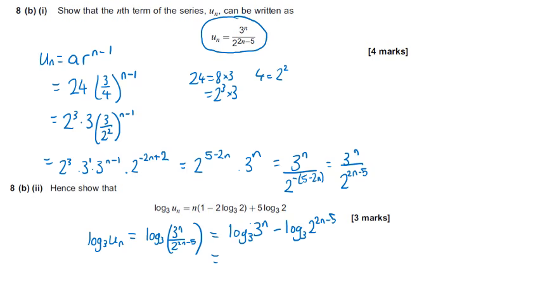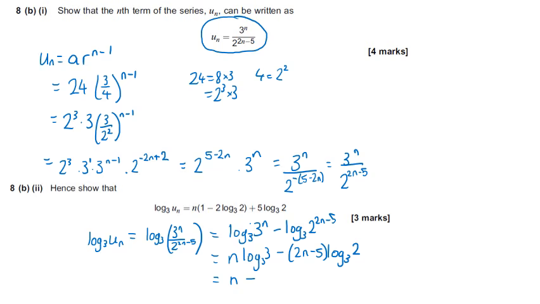Then we can bring powers down to the front as coefficients. So n log base 3 of 3 minus 2n minus 5 log base 3 of 2. And then we'll expand that. Well, also log base 3 of 3 is just 1. So the first term is just n.